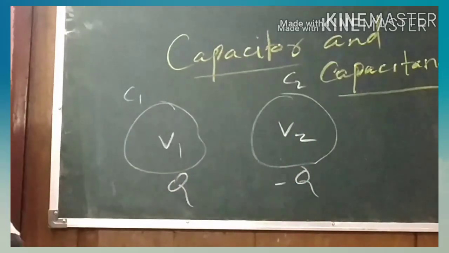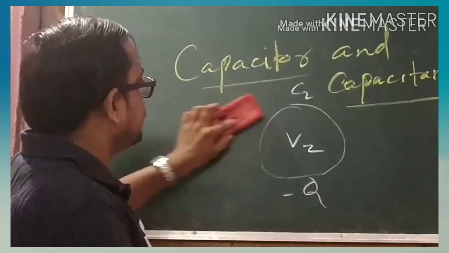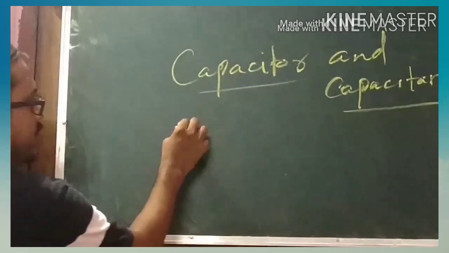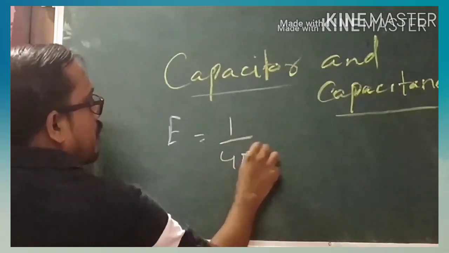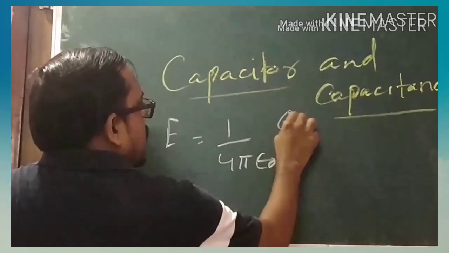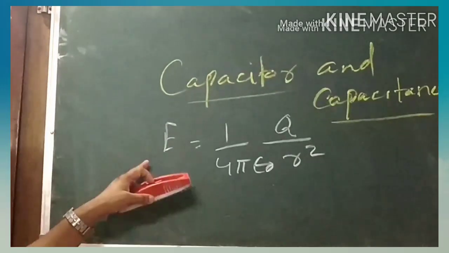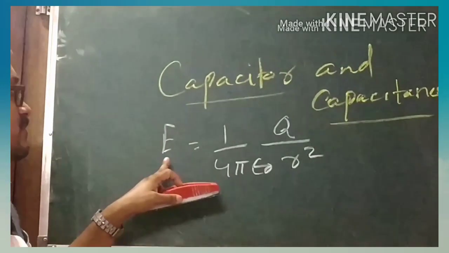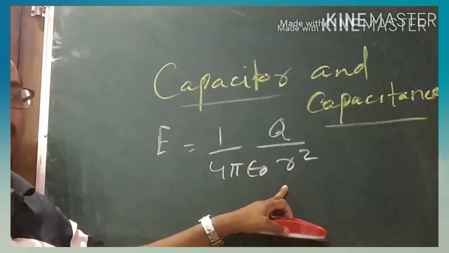The important thing is the electric field. By Coulomb's law, and also by the superposition principle, the electric field is equal to 1/4πε0 times Q by R square.